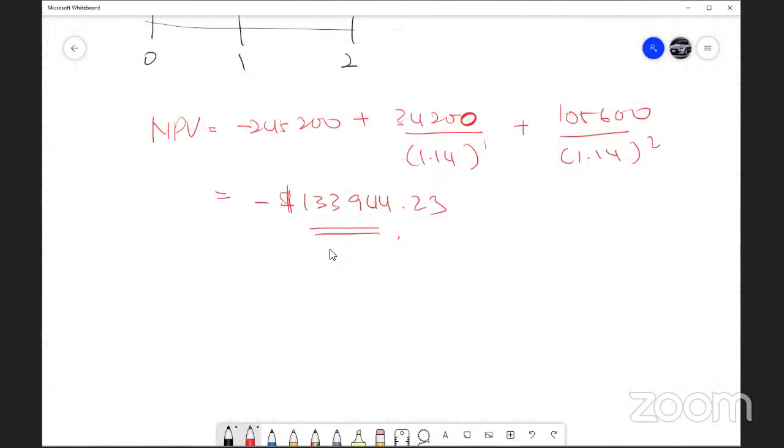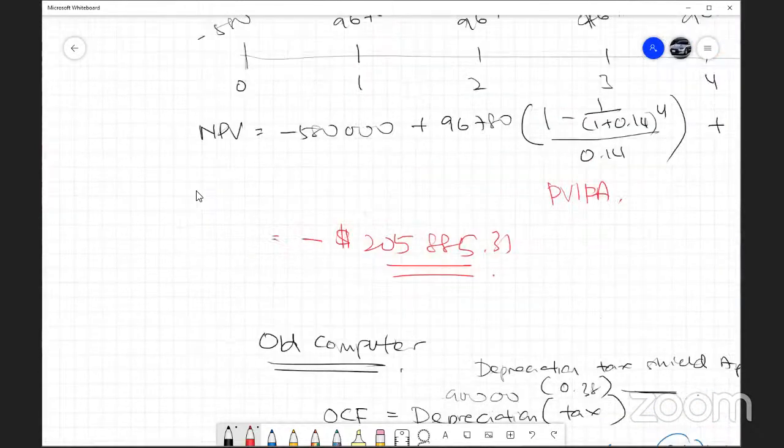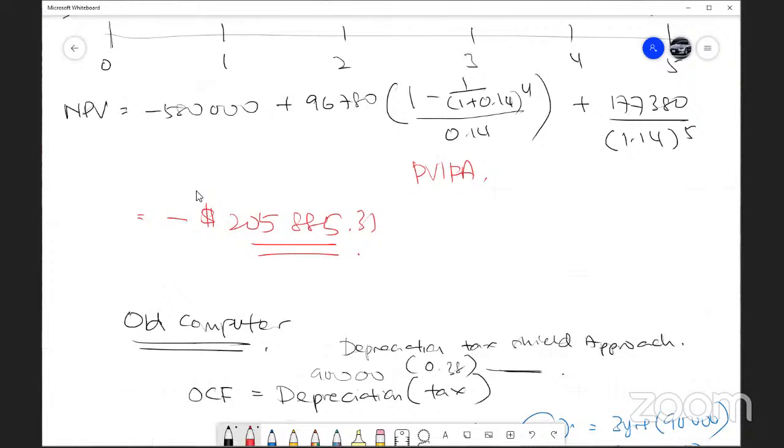Okay, but remember, $133,944 is only for 2 years. This is 205,885 for 5 years. So this is the problem here. Both of them do not have equal lifetimes, so the NPV could not be the determining factor for your decision making.